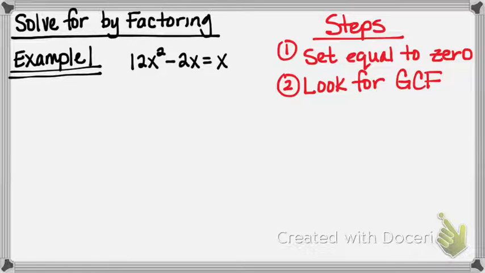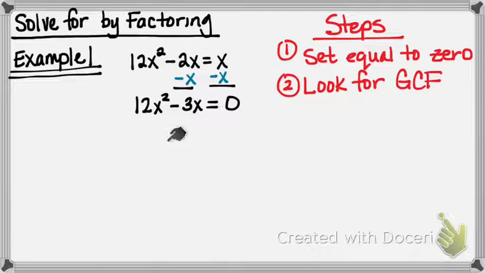So when I set this equal to 0, I'm going to subtract the x from both sides. And that gives me 12x squared minus 3x equals 0. Step number 2 is look for your greatest common factor.